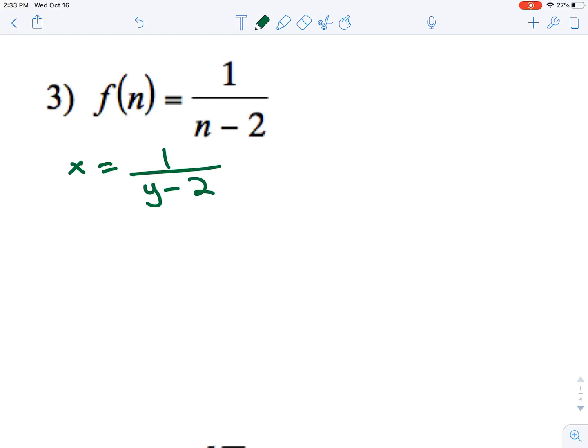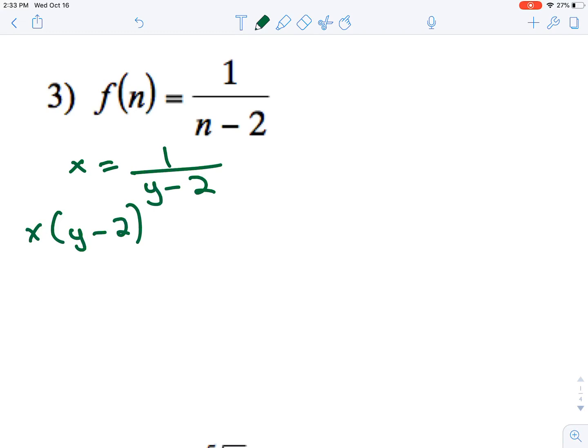You never want, in these problems, you want to clear fractions, and you want to get rid of denominators, okay? So here I'm going to get rid of divided by y minus 2 by multiplying by y minus 2. And now I'm solving for y, so I'm going to get rid of this, multiply by x.